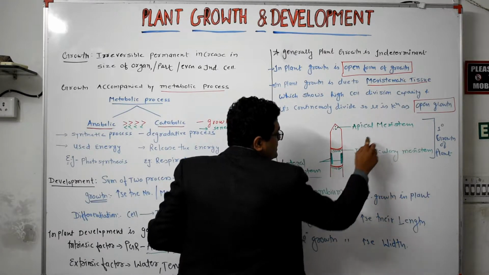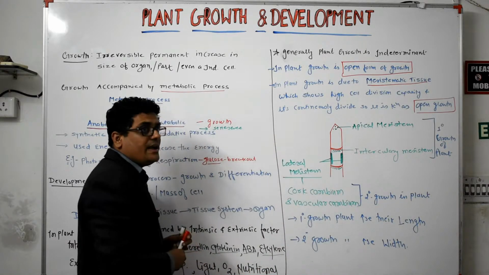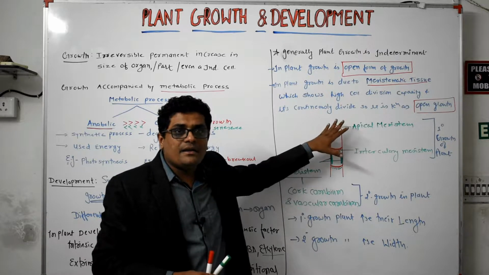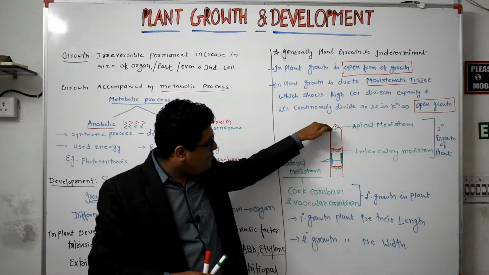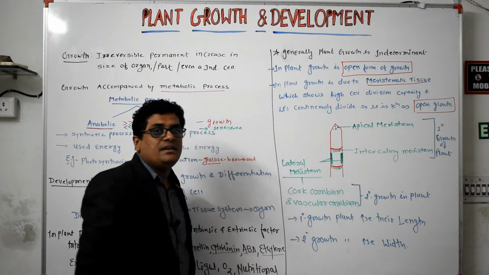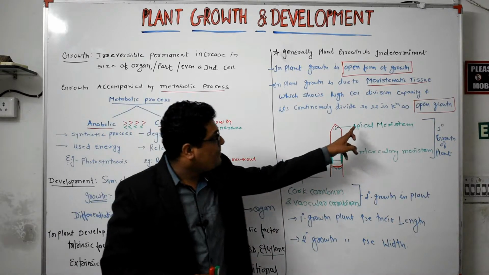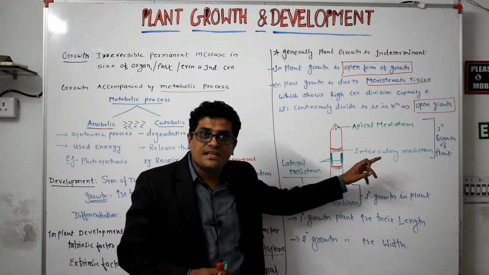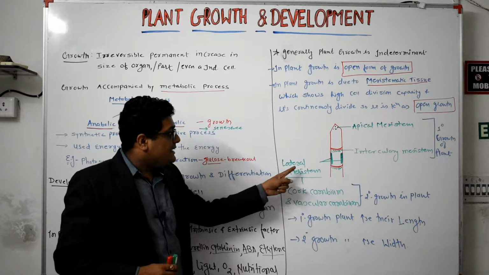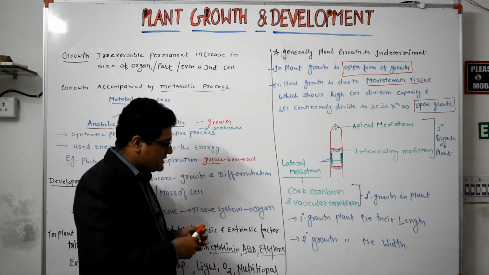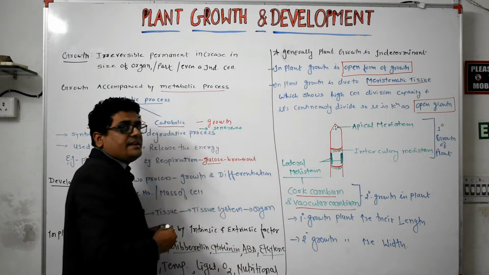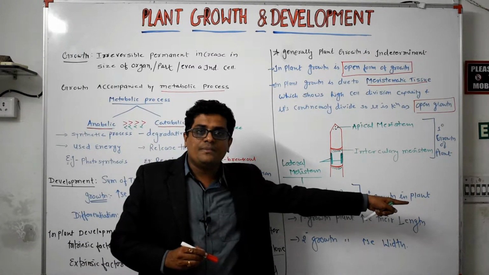Apical meristems are present at the apical part of the root and the stem, whereas intercalary meristems are present at the base of the node and internodes. The apical and intercalary meristems are responsible for the primary growth of the plant, whereas the lateral meristems, present on the lateral side of the plant, like cork cambium and vascular cambium, are responsible for secondary growth.